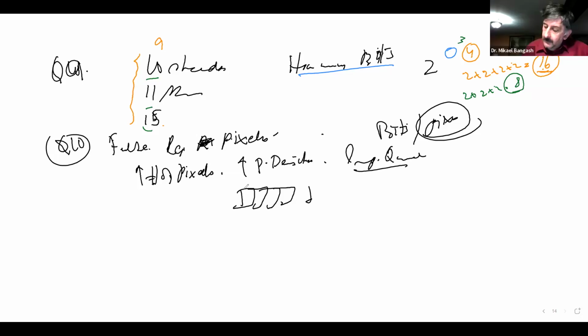Question number 11. Okay, guys. All of the following procedures usually are pre or post processing. So they may be asking you which of these procedures here are pre-processing, and which of these here are post-processing.